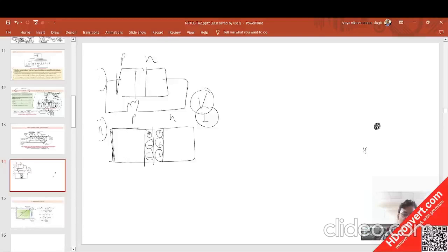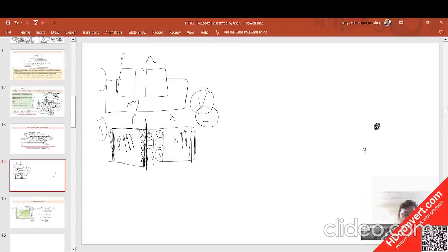Suppose I am not connecting anything to this electrical connection. So what will happen, this P will keep on increasing, and N will keep on increasing on the N side, and after that this P will come near to the depletion layer itself.